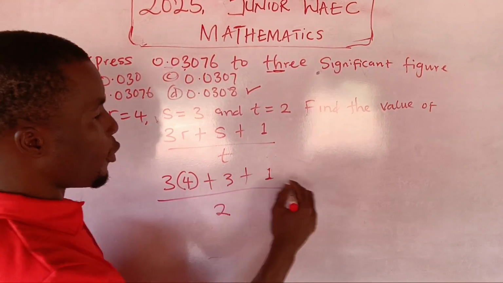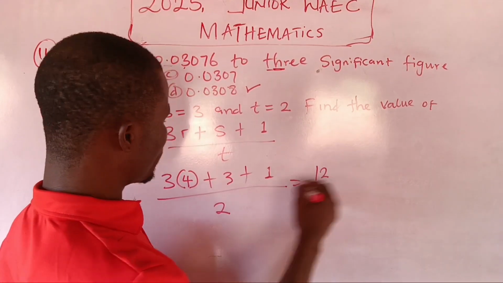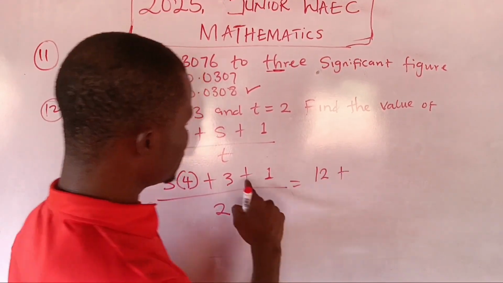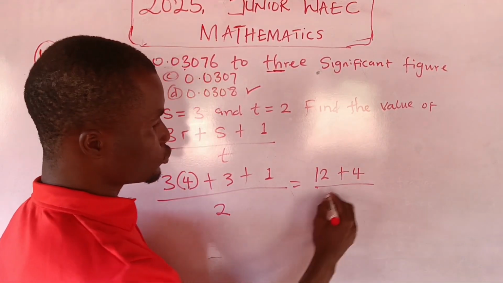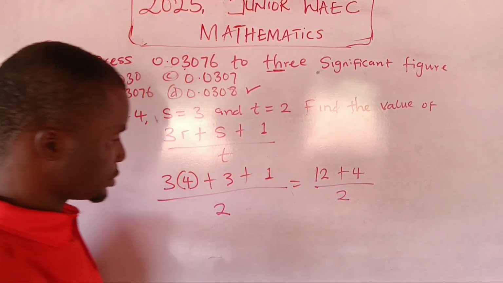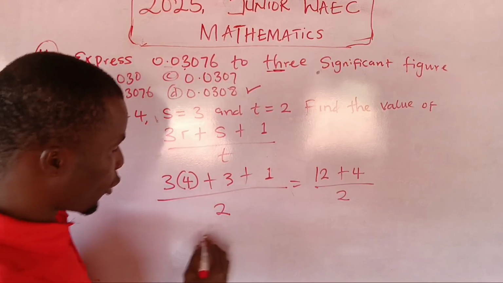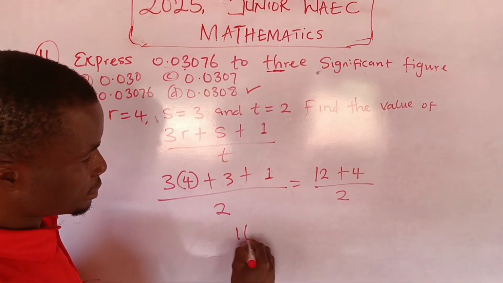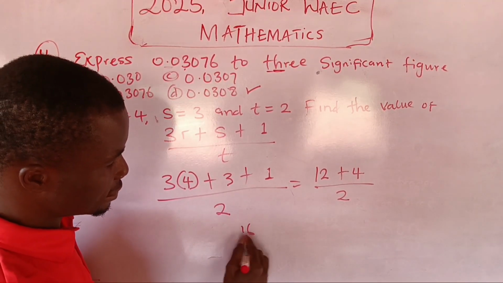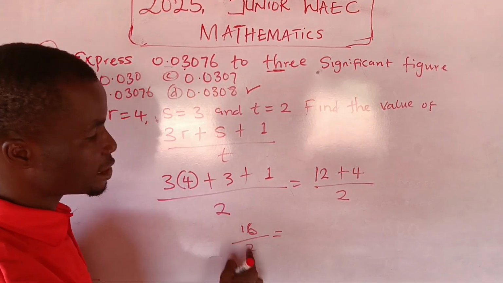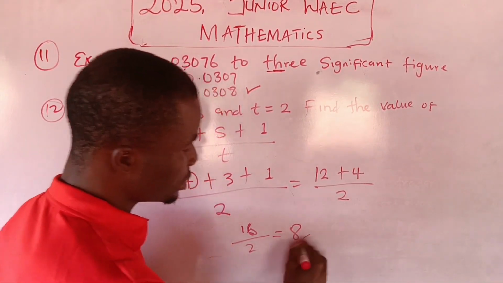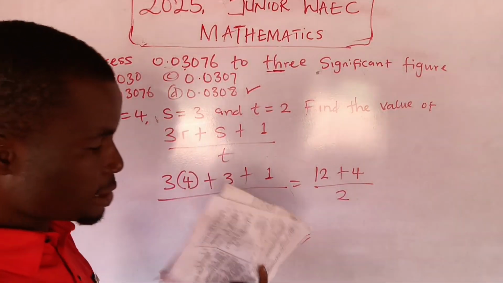So 3 times 4 will give us 12. Plus 3 plus 1 is 4 over 2. Right? So 12 plus 4 will give us 16. 16 divided by 2 will give us 8. So our answer is 8.